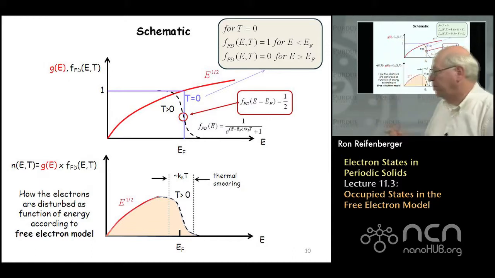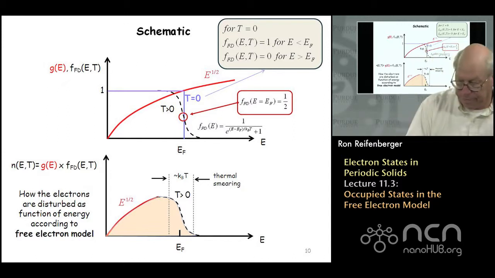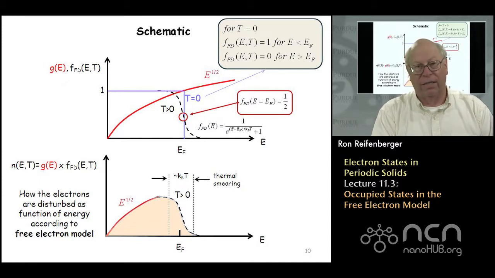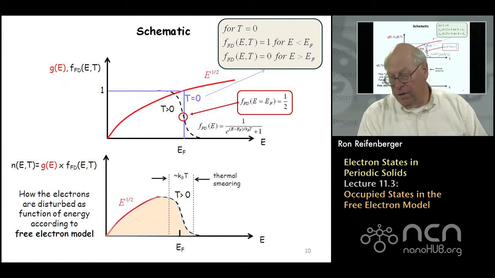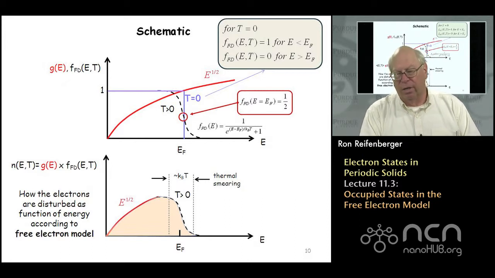So at very low temperatures, this is a very, very narrow range, and as the temperature gets higher and higher, the range of thermal smearing increases. So that's the answer for the number of occupied states for the free electrons in the metal. That's the important result for this particular lecture.